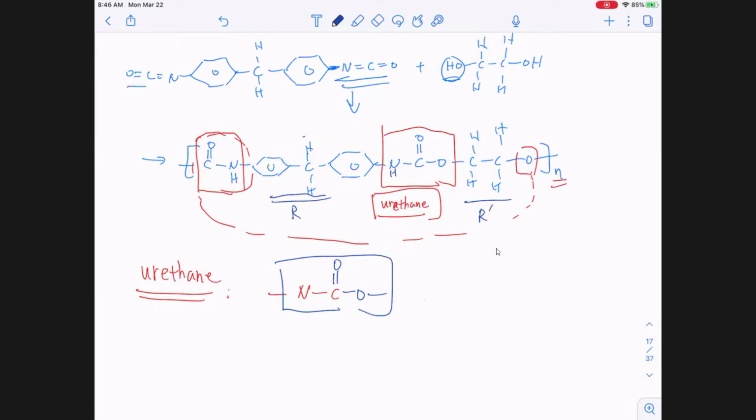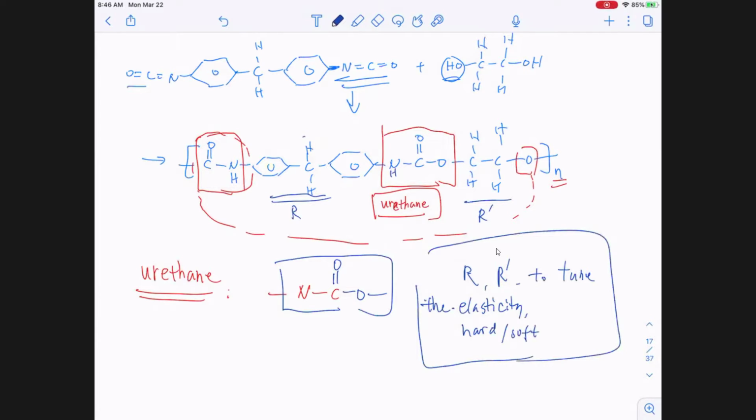Or apply to tune the elasticity, hard or soft.